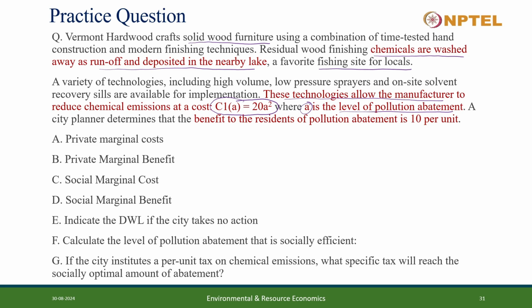Now, first I'm asking what will be the private marginal cost, how the curve will look like, what will be the private marginal cost in this case. Marginal cost for abatement of pollution.